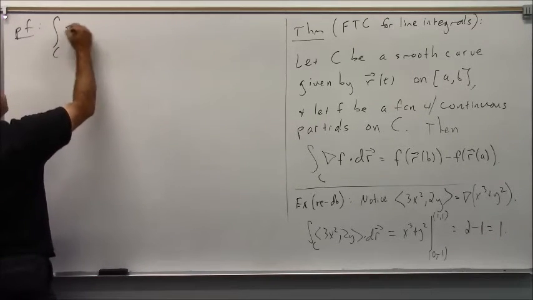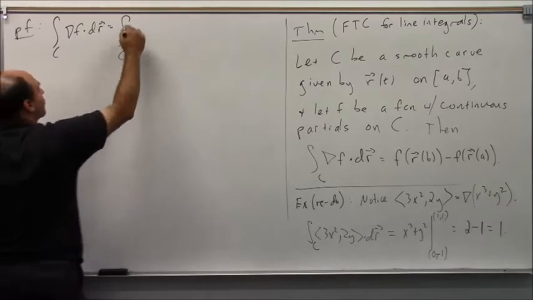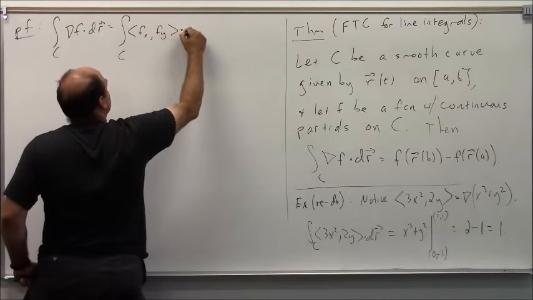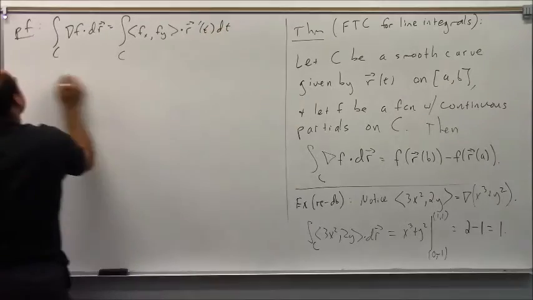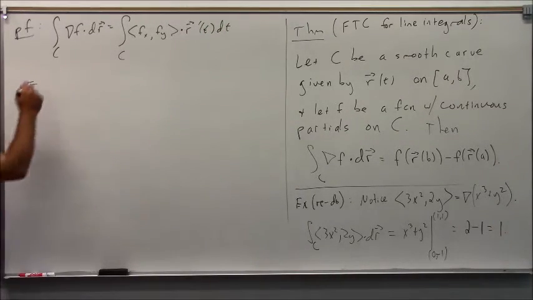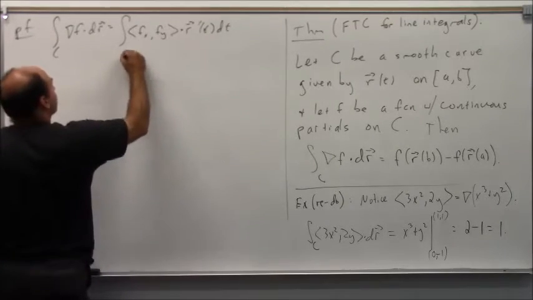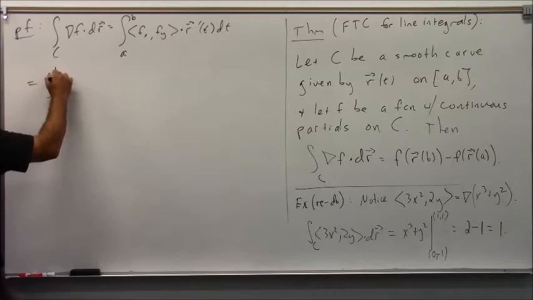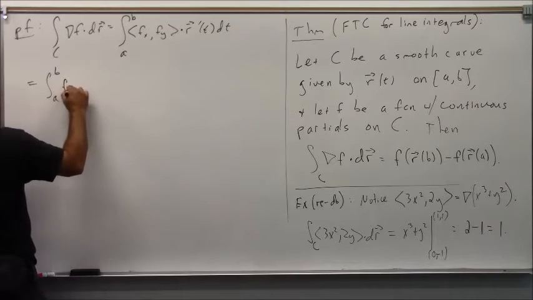The path integral over C of the gradient of f dot dr is the path integral over C of fx comma fy dot r prime of t dt, which is, oh, and since I've gone to t's now, this should be from a to b. So this is the integral from a to b of fx times x prime.